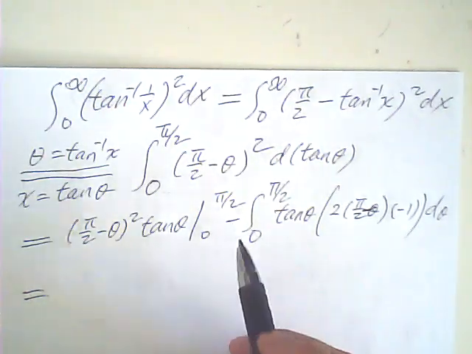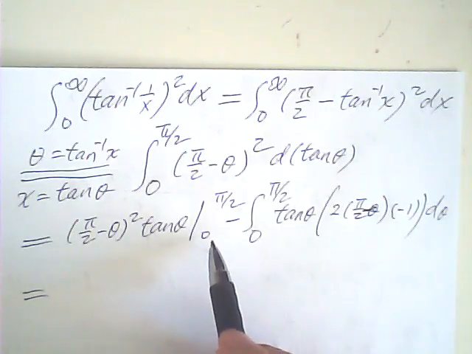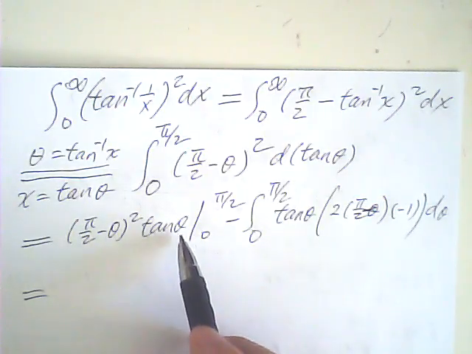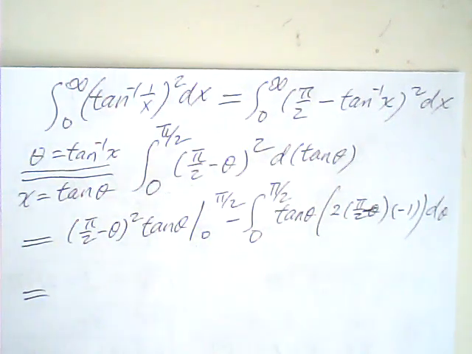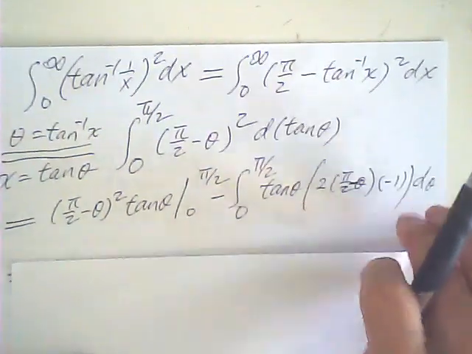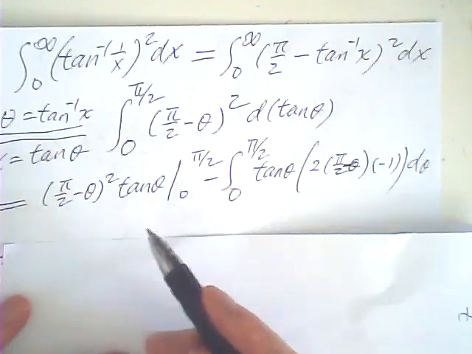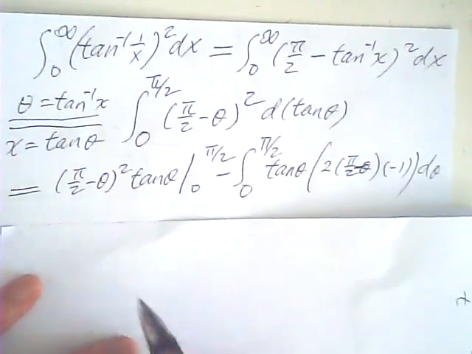Well, when theta is 0, no problem, it is 0. When theta is equal to half pi, then we are using L'Hopital's rule. Now, okay, how?